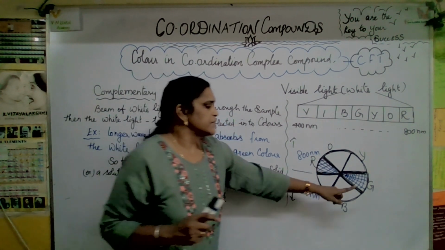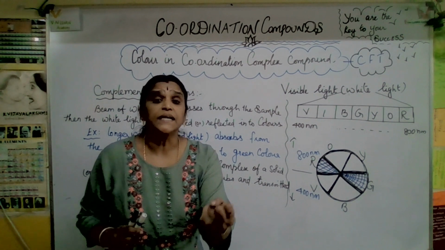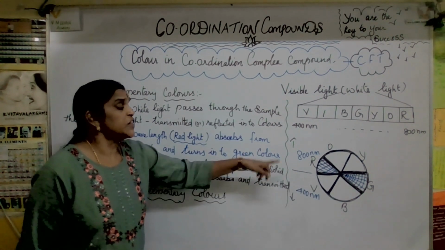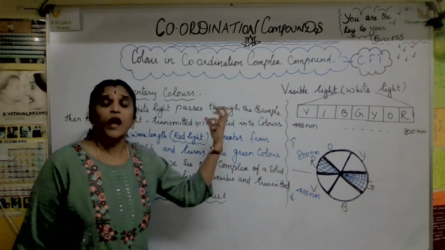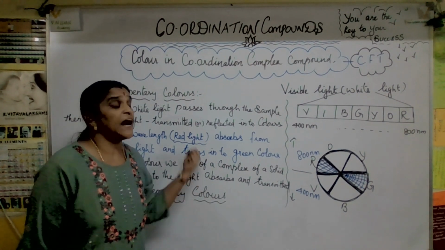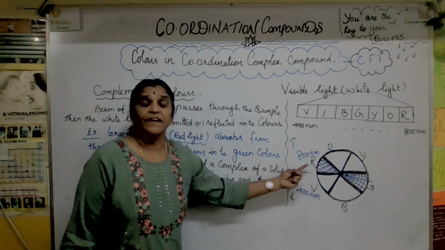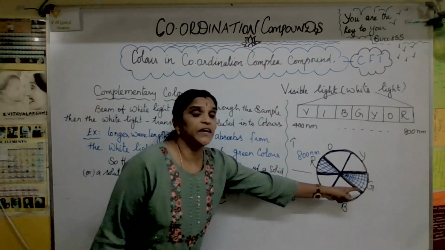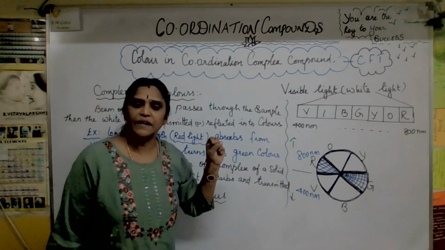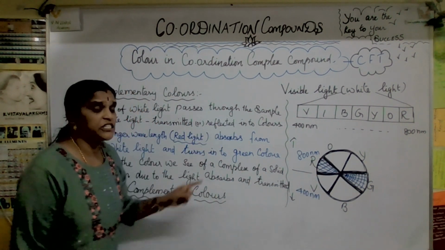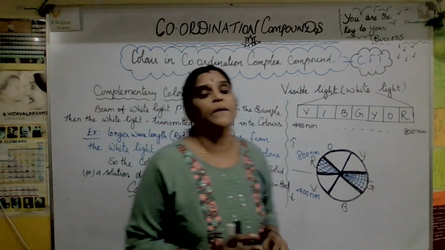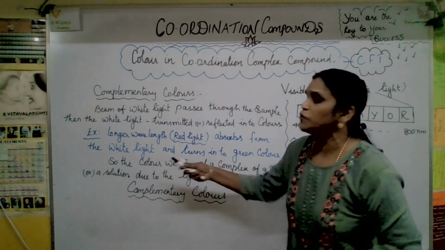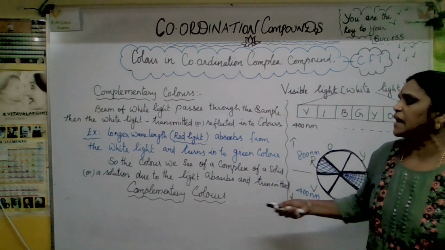Suppose the complex compound appears green. The coordination complex compound absorbs the light, and red color turns into green. Actually, it absorbs red, but it shows green. That is what is called complementary colors. What do you mean by complementary colors?